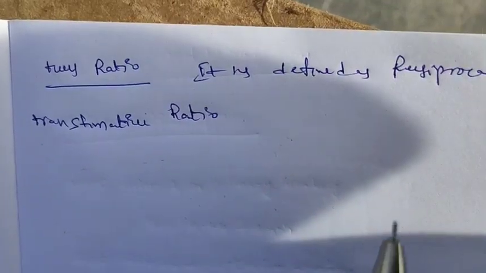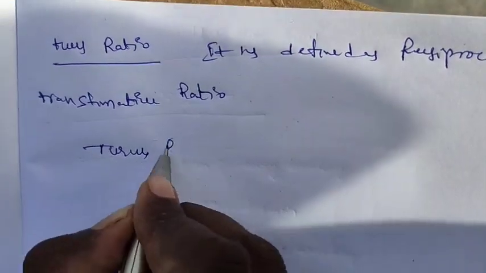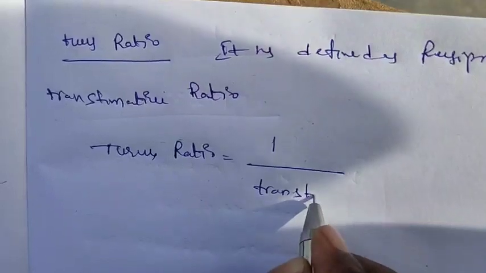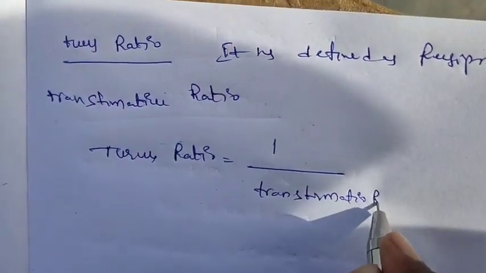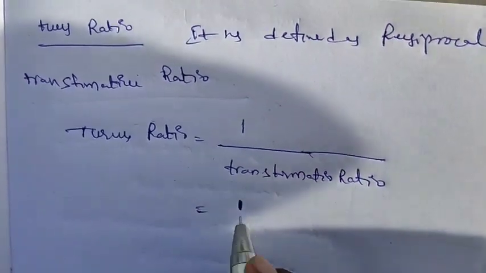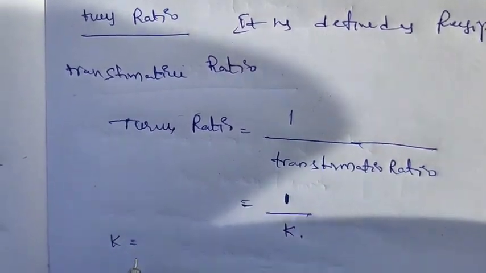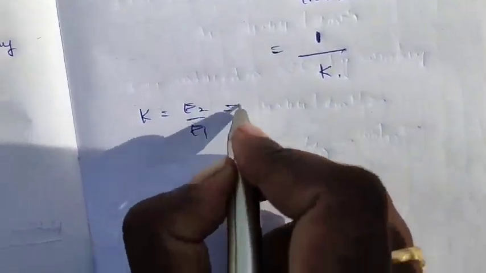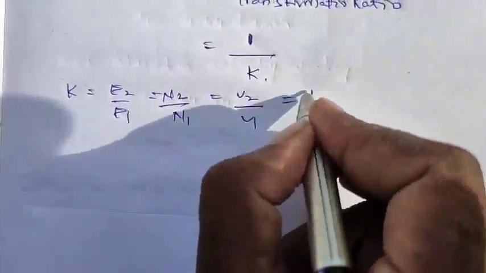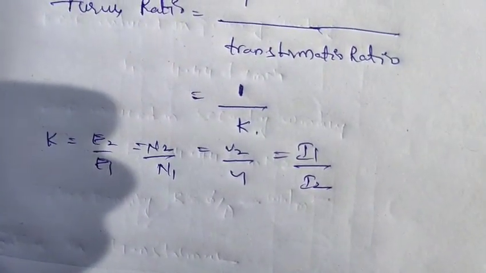That is, turns ratio equals 1 by transformation ratio, that is 1 divided by K. K equals E2 by E1, N2 by N1, equal to V2 by V1. For currents, I1 by I2.